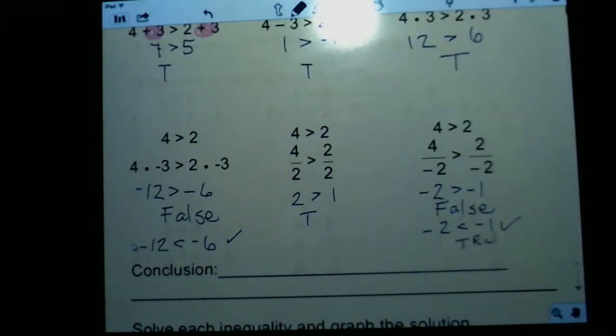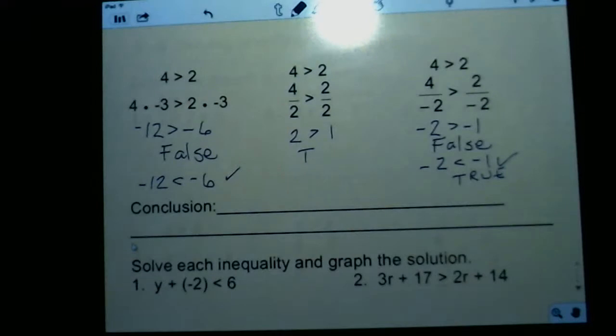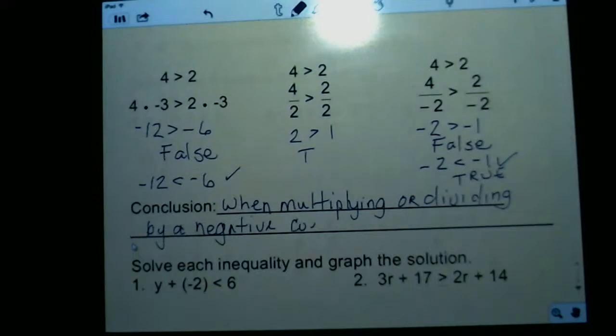So by flipping or changing the direction of the inequality sign, I changed that from a false statement to a true statement. So our conclusion should be that when multiplying or dividing by a negative number or a negative coefficient, flip the inequality sign.